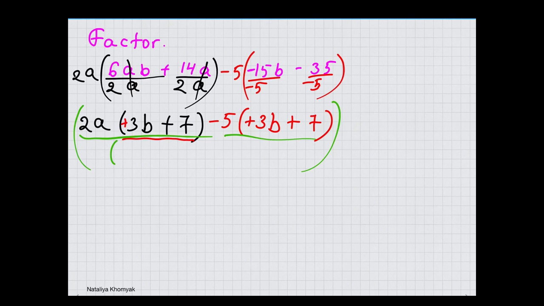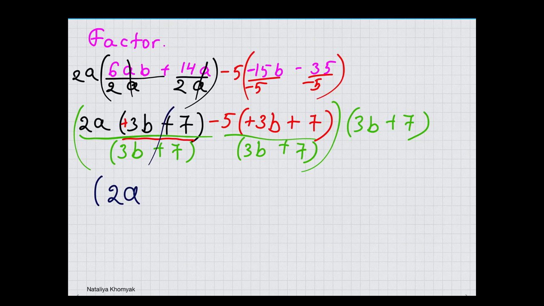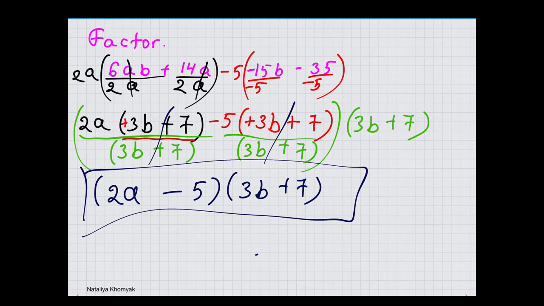This is why we needed to change the sign in the second set of terms. So we have 3b plus 7 in denominators. Whatever goes in denominators must go on the outside. So now we get 2a, this cancels, minus this cancels, 5 times 3b plus 7. And this is our solution.